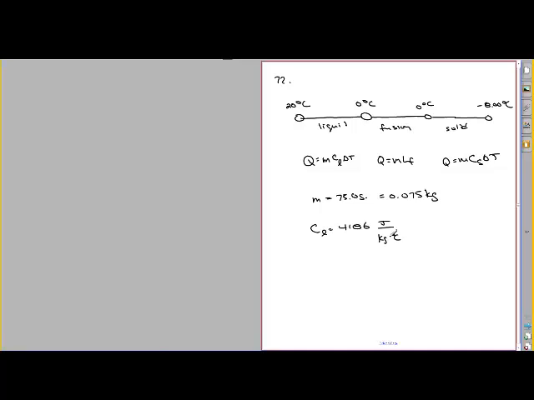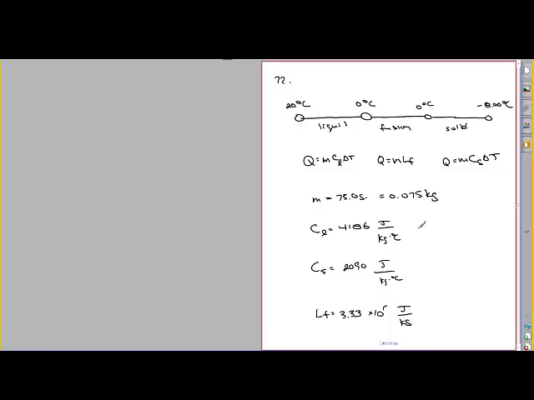Water, liquid, ice, ice, 2090. So the specific heat for solid is 2090 joules per kilogram degree C. The latent heat of fusion is, we just used that in the previous problem, 3.33 times 10 to the 5th joules per kilogram.